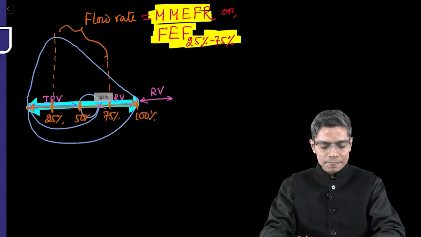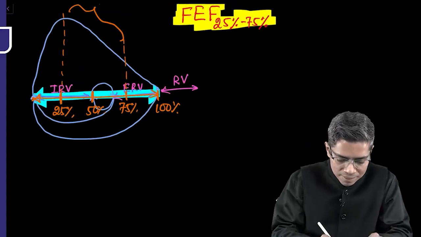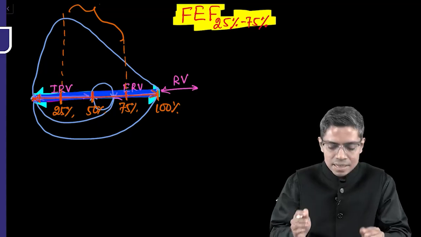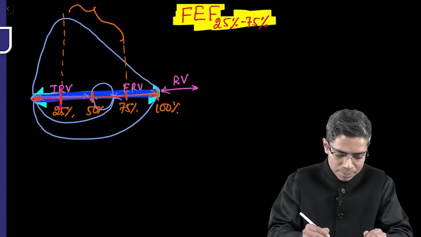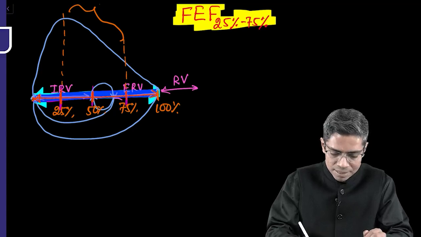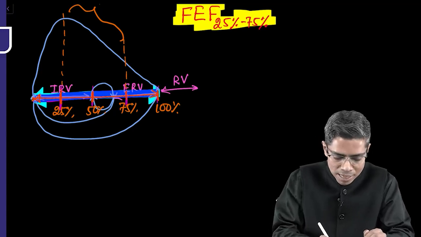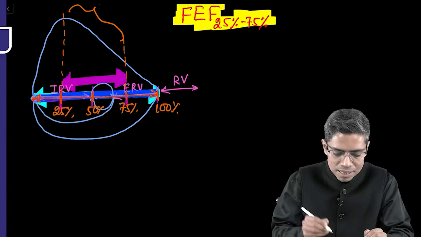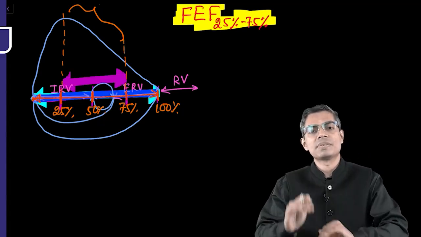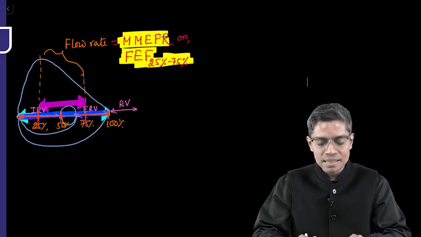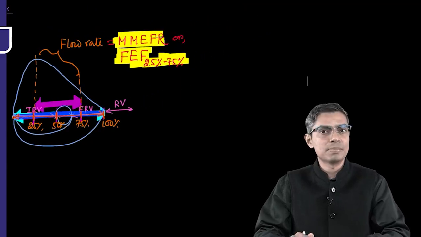How is it calculated? You divide this whole FVC into 4 quadrants: 25%, 50%, 75%, 100%. You calculate what is the average flow in the middle portion, that is 25 to 75%. That is known as FEF, 25 to 75%.